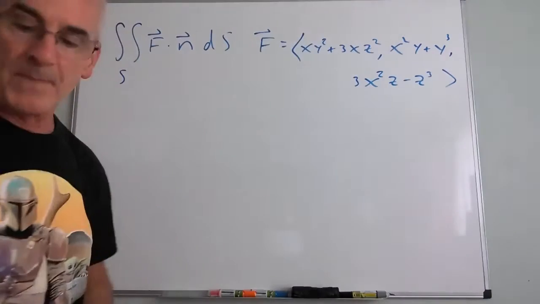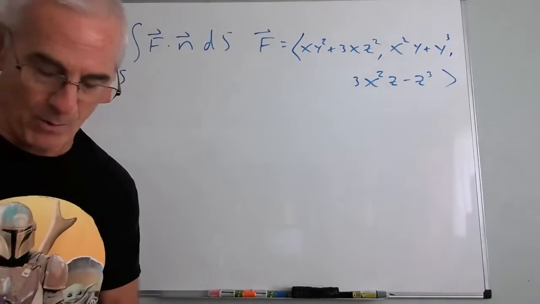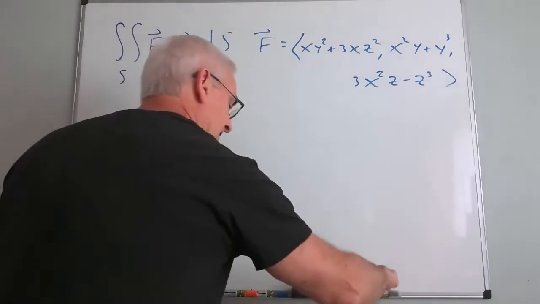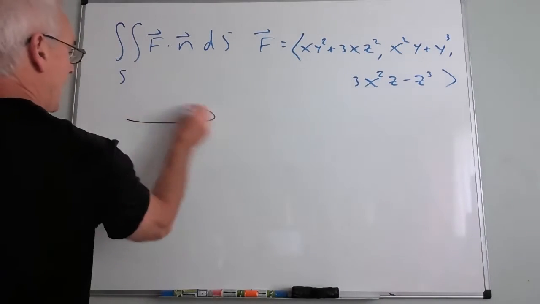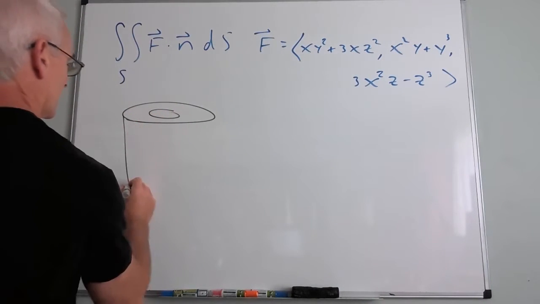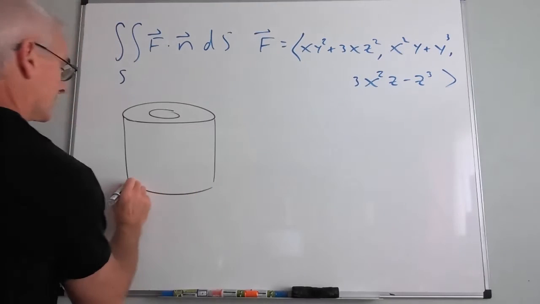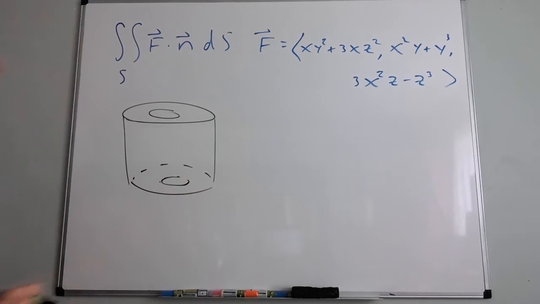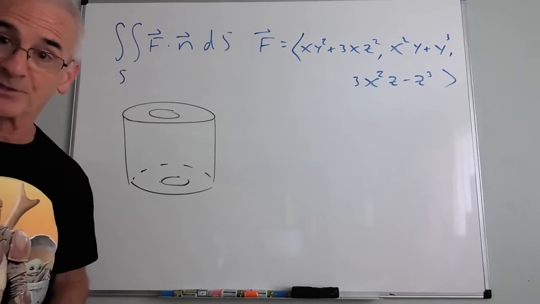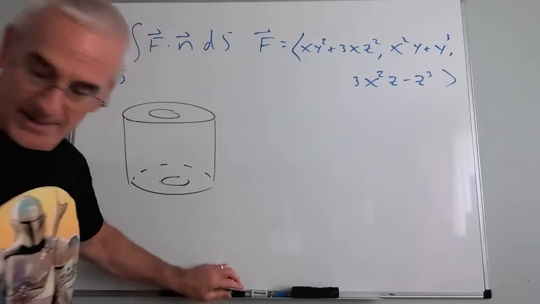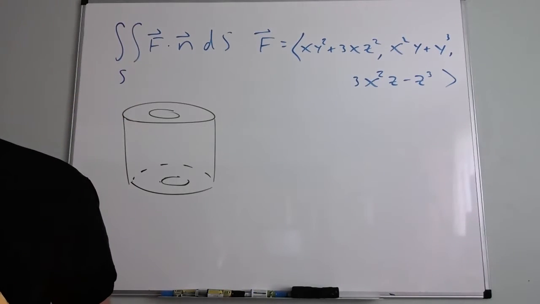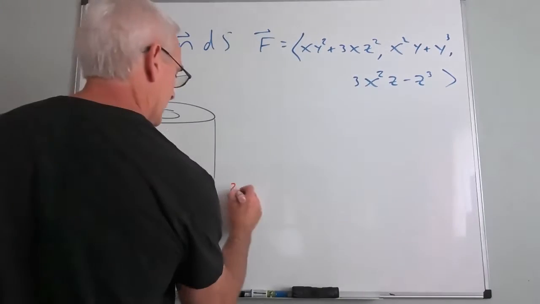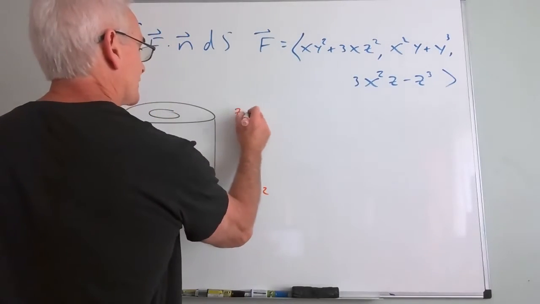Okay, now what makes this one work is that our surface is closed. We're bound by the great toilet paper roll, if you want to call it that, because that's exactly what's going on here. We're bound by z equals -2 and z equals 4.